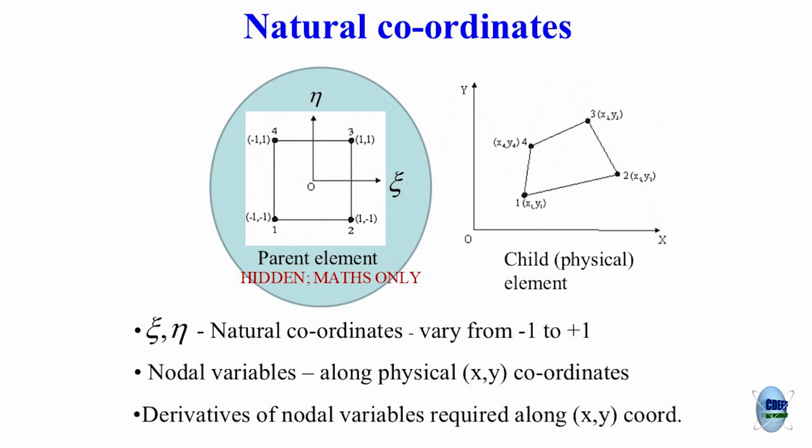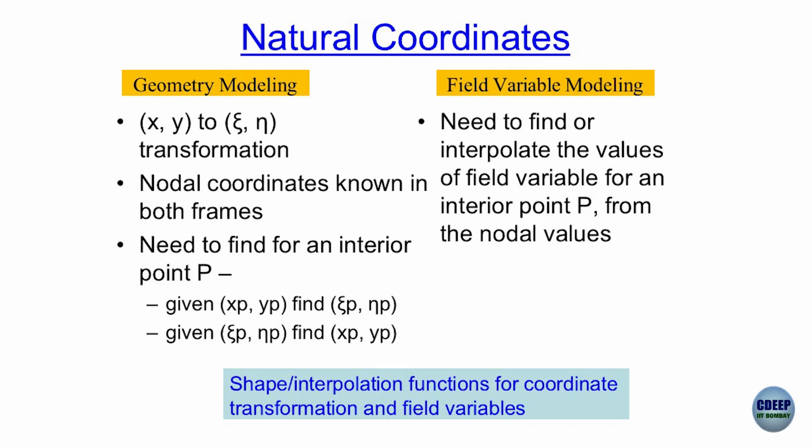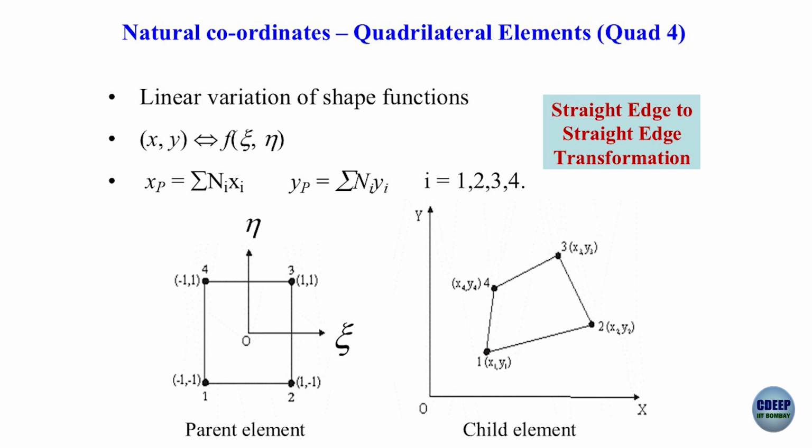Any point Q prime in the zeta eta frame, that perfect square, will have a point Q in the real physical world. So first we need to figure that out, then on top of that we will figure out the field variables mapping. Is that okay approach? Any doubts, please feel free to ask me.